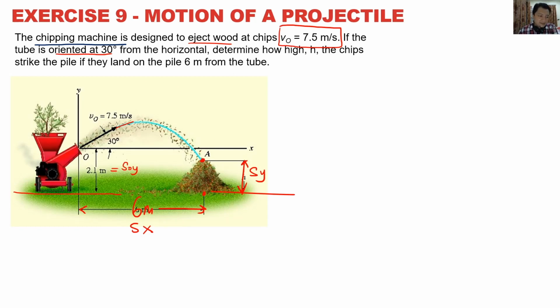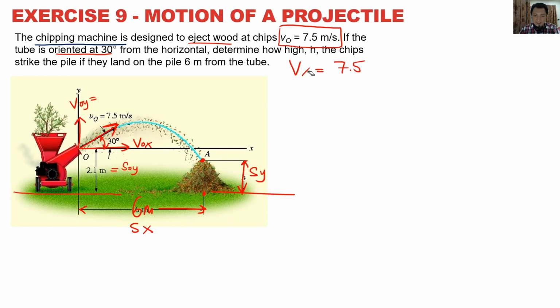So if you have something at an angle like this, you better solve the angle first. Let's solve it. So V is equal to 7.5, this is 30 degrees. This will be your V naught x, this will be your V naught y.